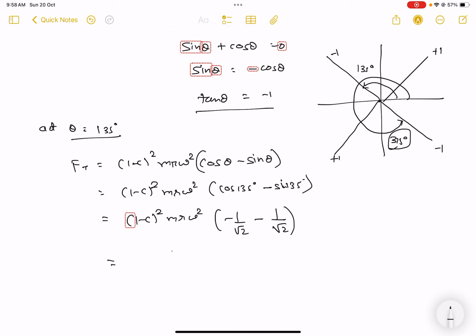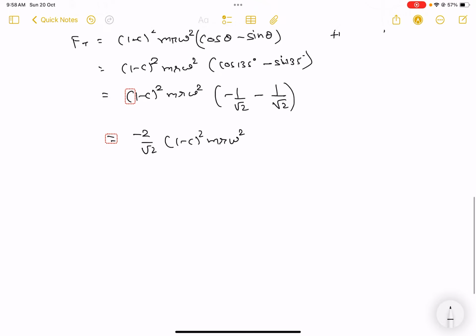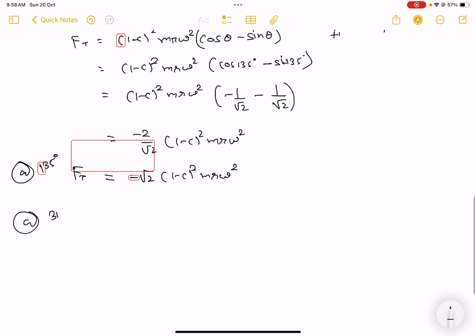So this will be minus 2 upon root 2 times (1 minus c) square mr omega square, which is minus root 2 (1 minus c) square mr omega square. So this will be the Ft at 135 degrees.